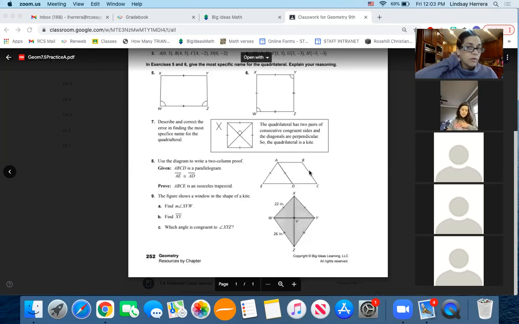So the first step would be to say that AD is congruent to BC, and that's the definition of a parallelogram, because our opposite sides are congruent and parallel. Step two would be to say that AE is congruent to BC.